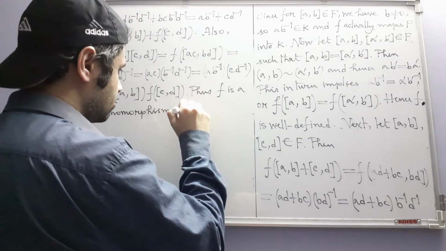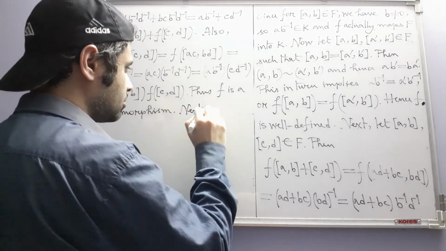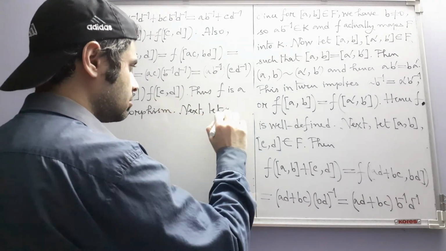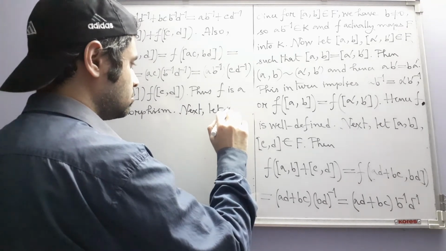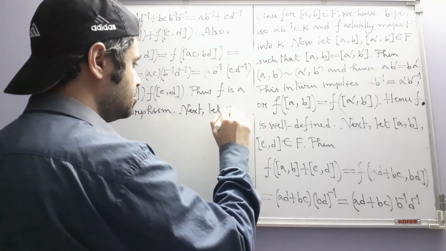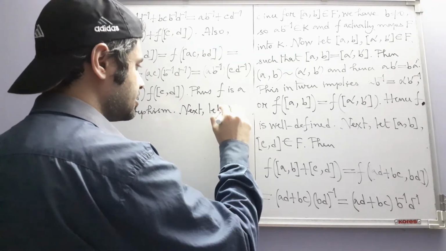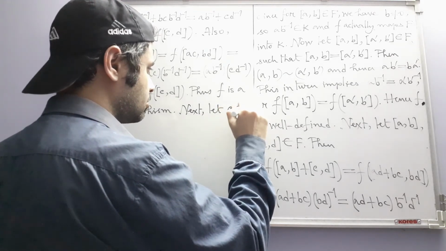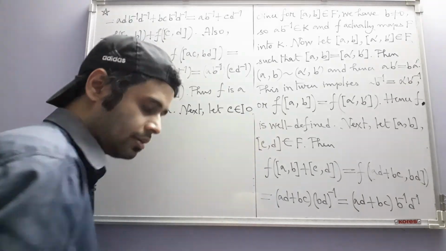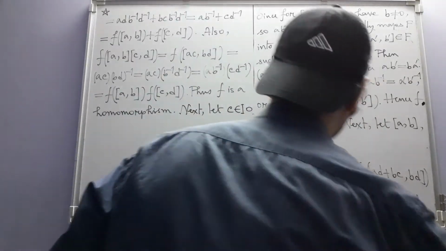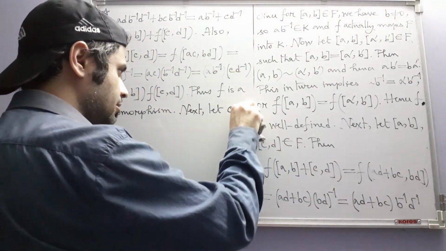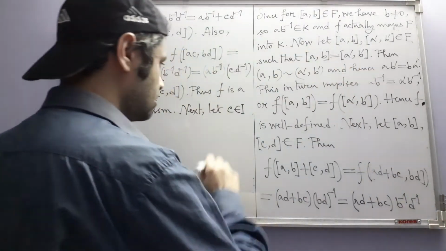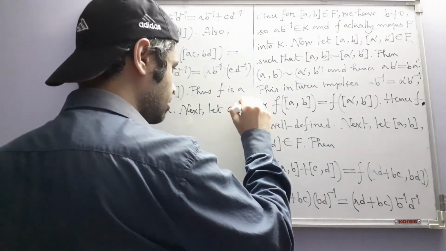Next, let, say, what can I take? Say C belongs to the kernel. I was going to write phi. C belongs to the kernel of f.